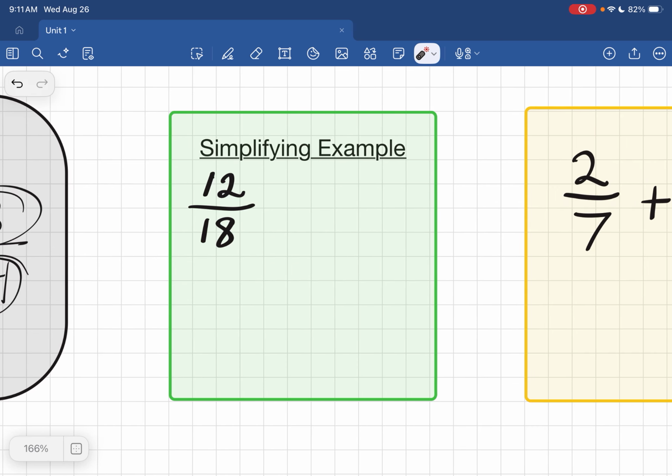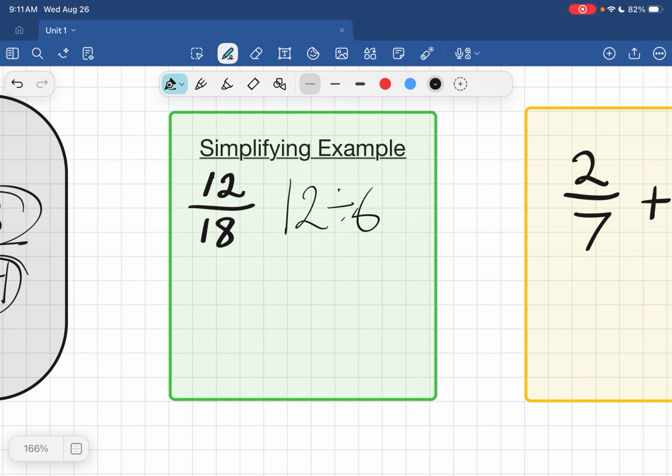All right, let's try another one. I want to find a number that divides evenly into both 12 and 18. 12 divided by 6 equals 2. 18 divided by 6 equals 3.